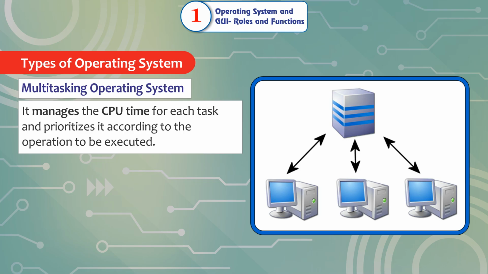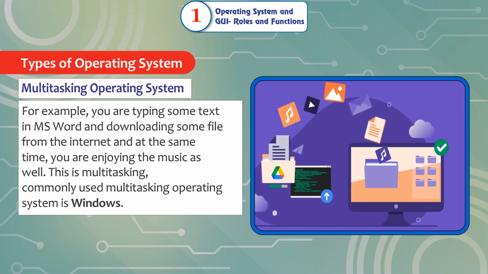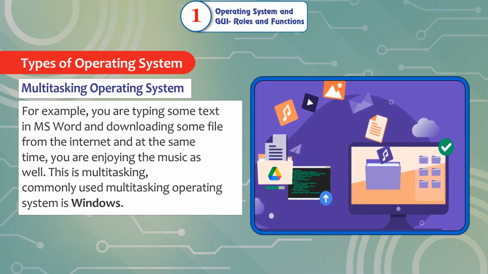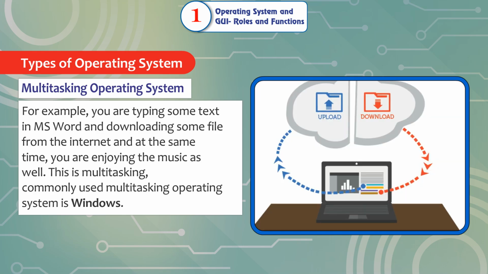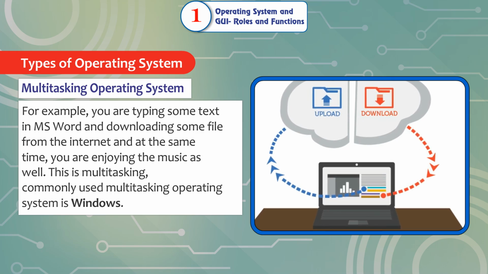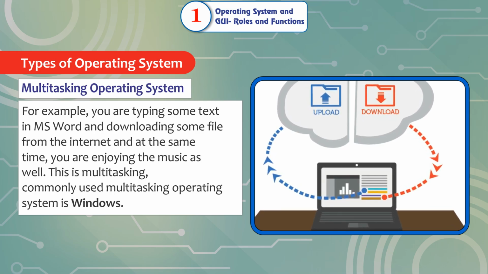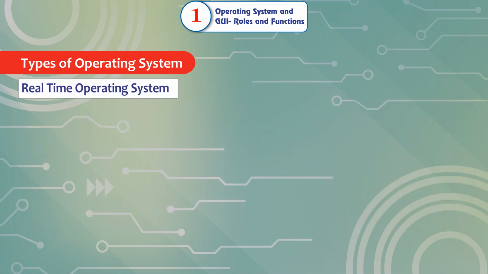It manages the CPU time for each task and prioritizes it according to the operation to be executed. For example, you are typing some text in MS Word and downloading some file from the internet, and at the same time, you are enjoying the music as well. This is multitasking. A commonly used multitasking operating system is Windows.